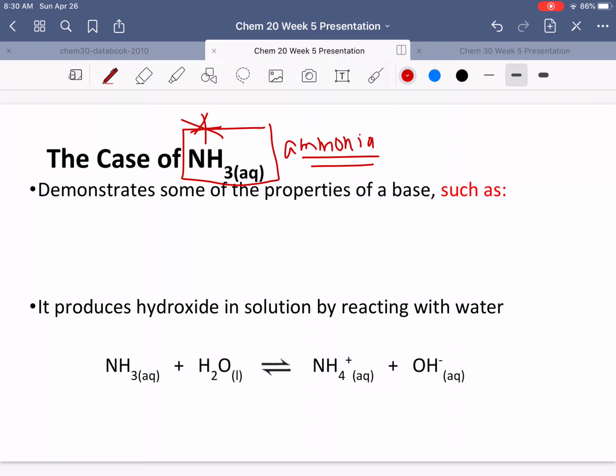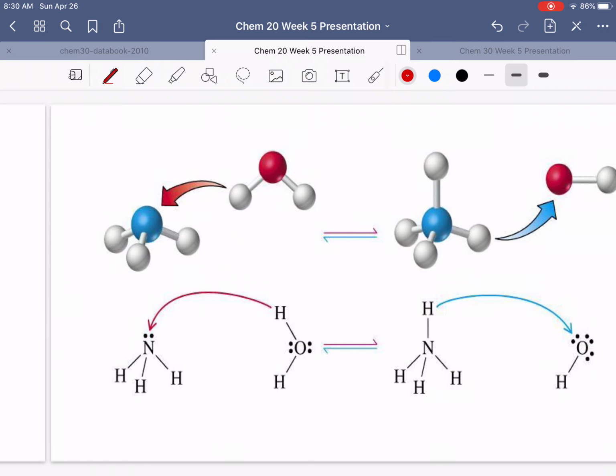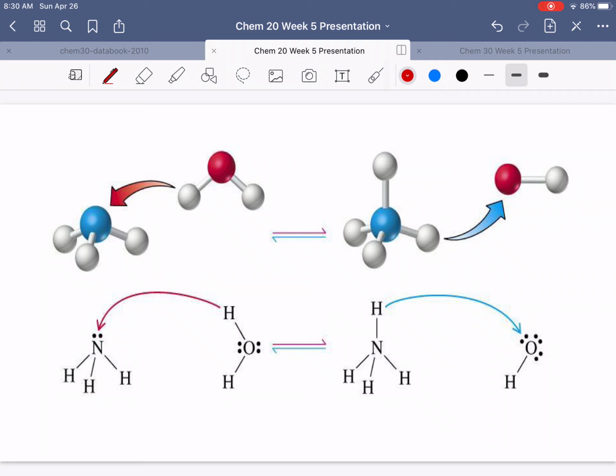Now, this formula you can rewrite if you want. It's the same one we just did. But make sure, if you haven't already, that you're really, really key on that proton, H+, transferring this time from water to the base. And we end up with that characteristic hydroxide. Okay. This visual is also in your notes.